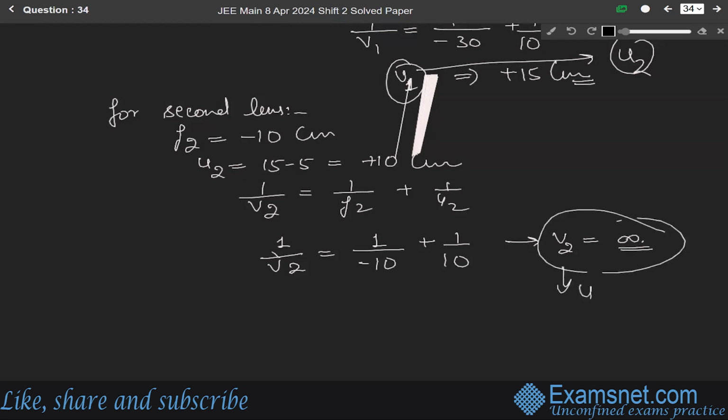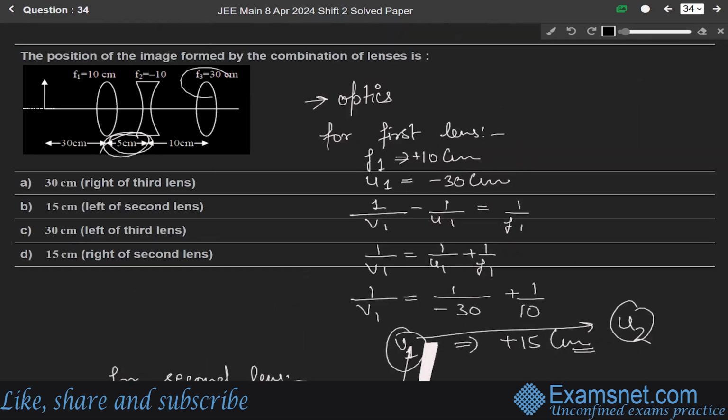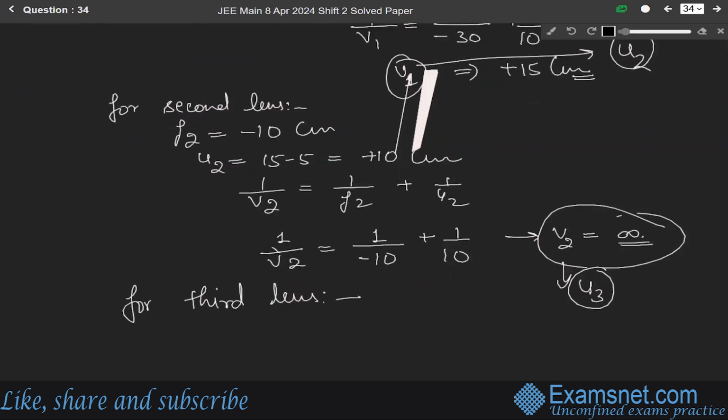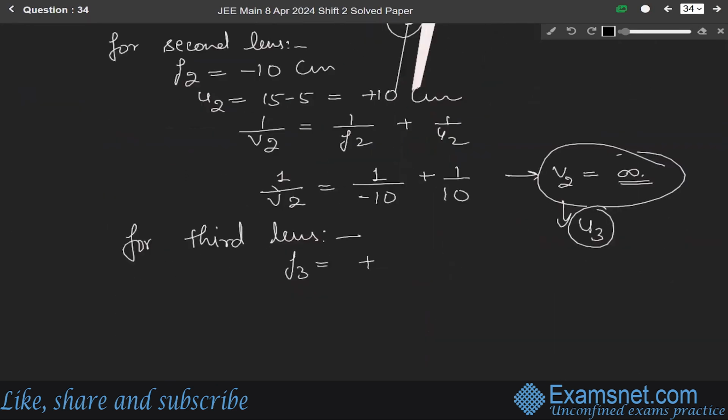Means U3 will be V2. Now for the third lens, F3 is plus 30 centimeter according to sign convention, and U3 is infinity. Again using the formula, 1 over V3 equals 1 over F3 plus 1 over U3.